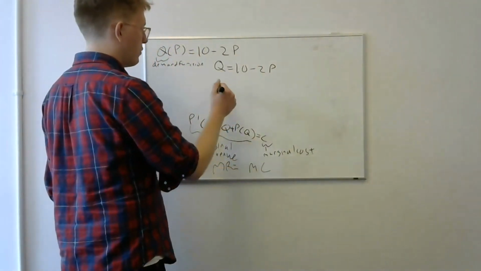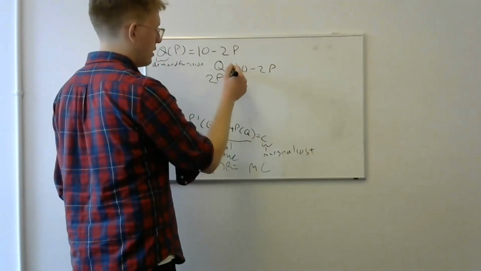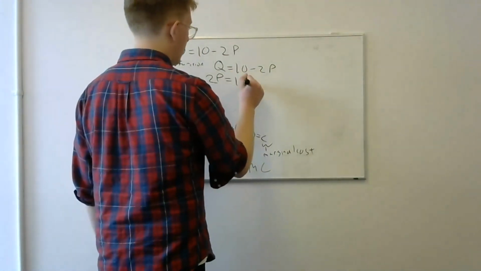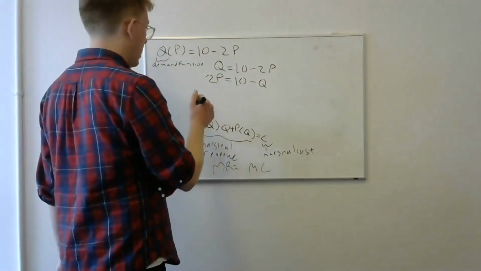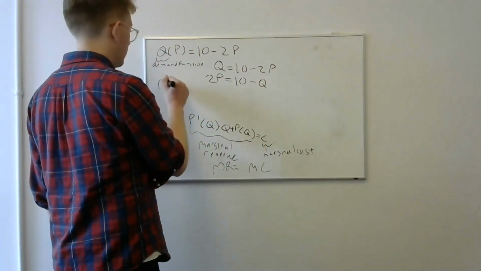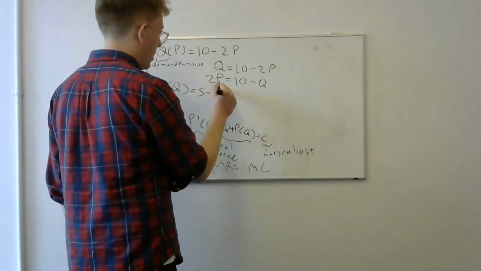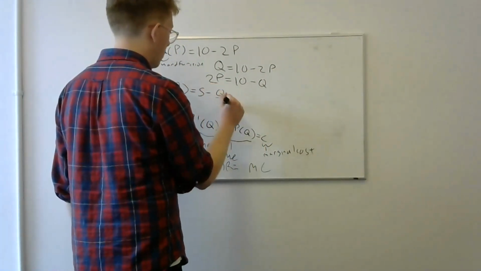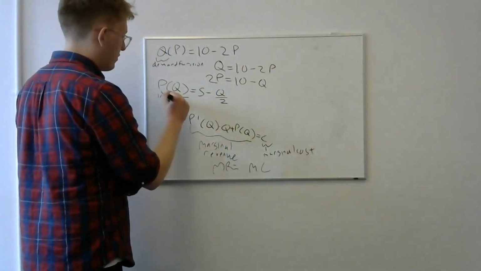I'm just going to move the 2P over to this side and subtract the Q over on the other side. Then I'll divide by 2. What I'll be left with is that P of Q is equal to 5 minus Q over 2. So now this is our inverse demand function.